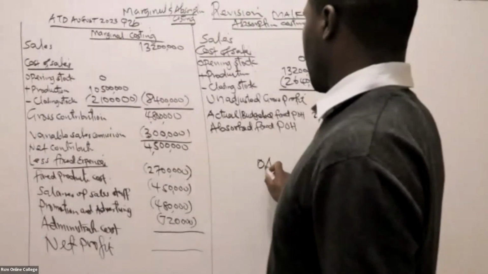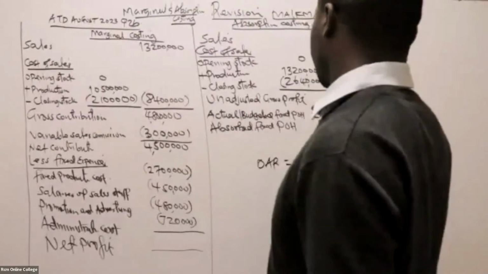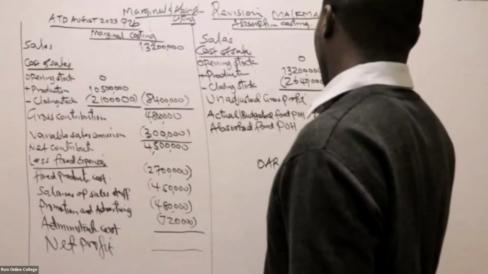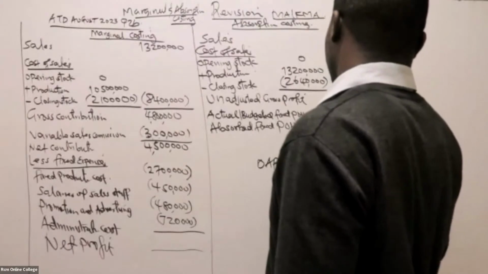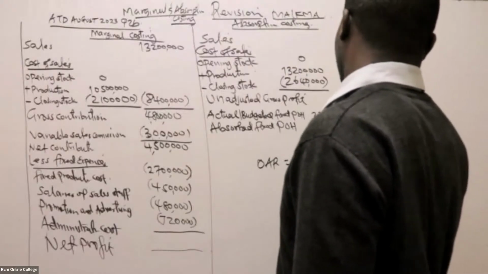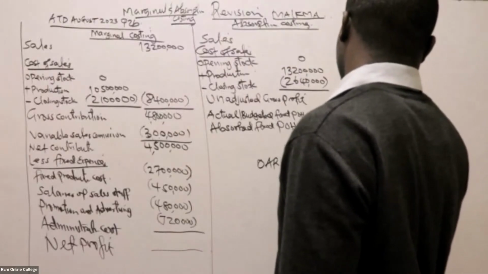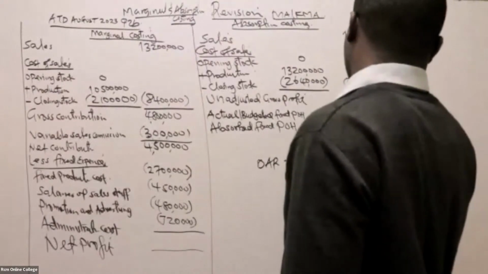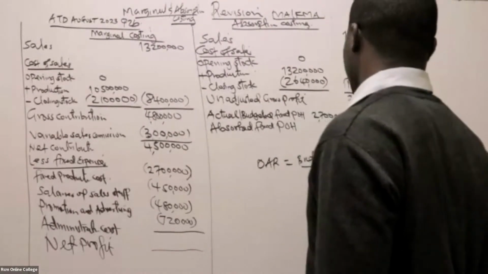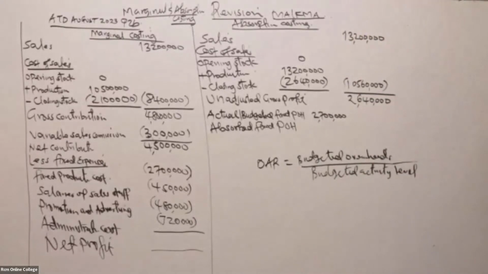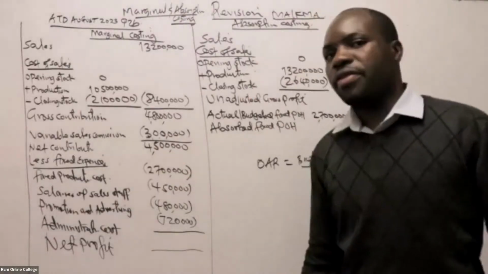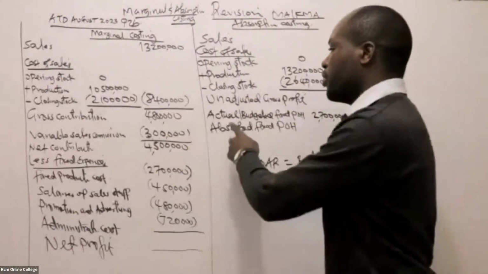The overhead absorption rate is equal to budgeted overheads divided by budgeted activity level. I'm not being specific because this activity level can be labor hours, machine hours or units produced. We use budgeted or actual. In exams, if you have the two, you go for actual.